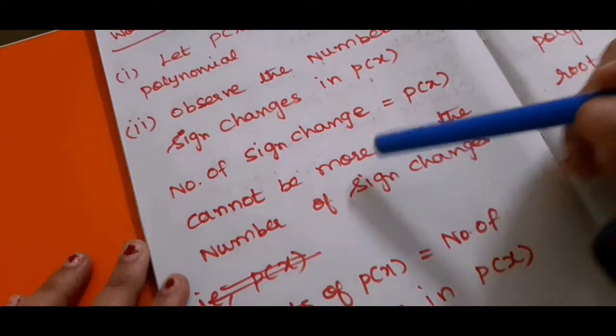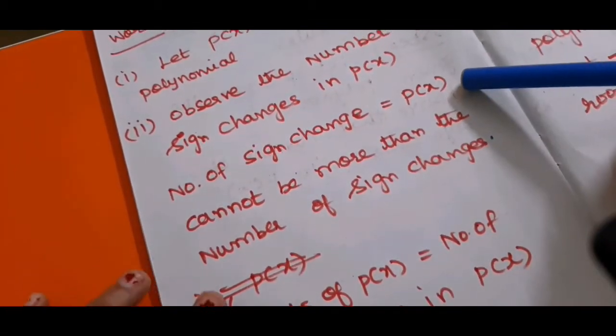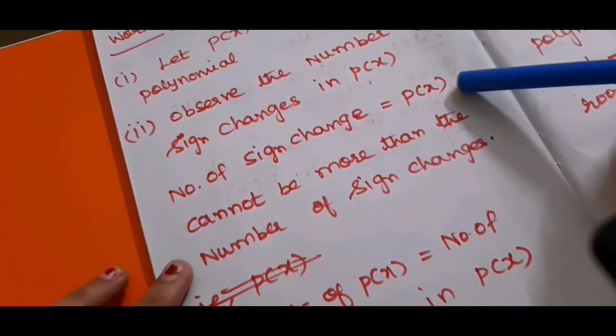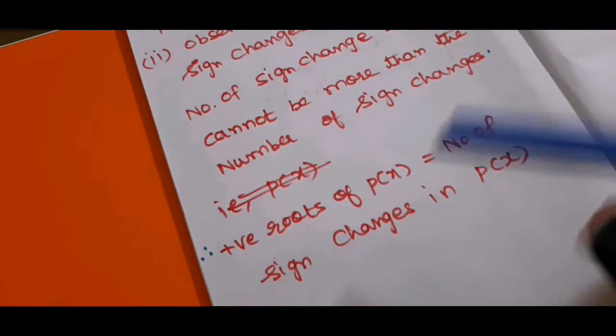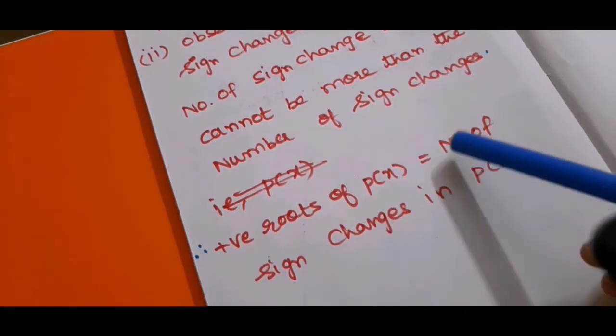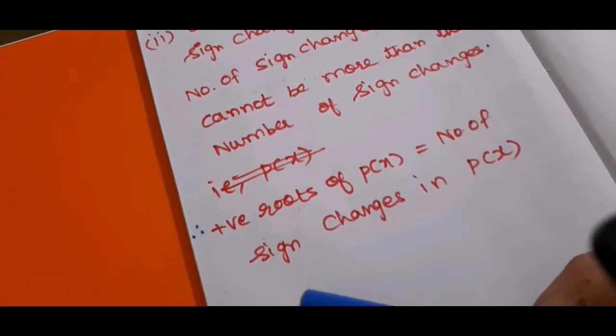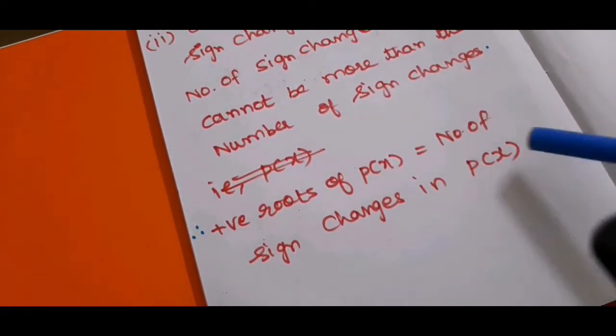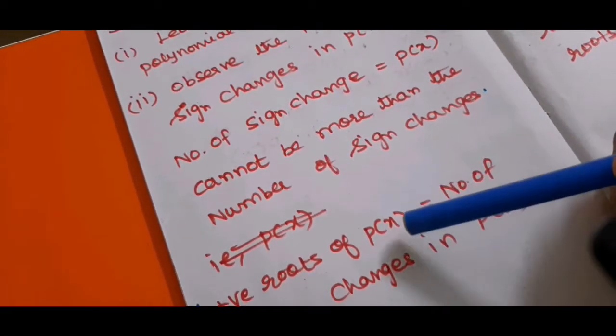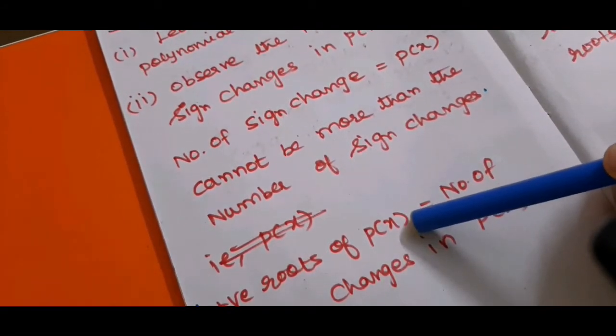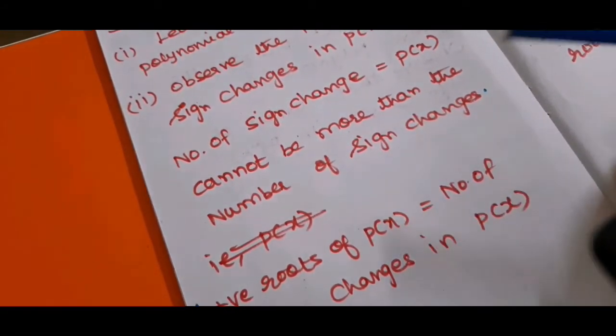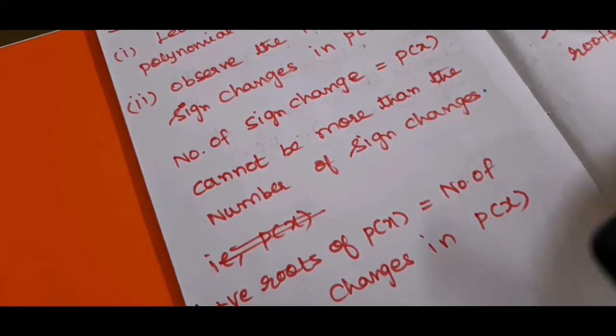After observing the sign changes, we can conclude that the number of positive real roots of p of x is at most the number of sign changes in p of x. That is, if we have two sign changes in p of x, then there are at most two positive roots.